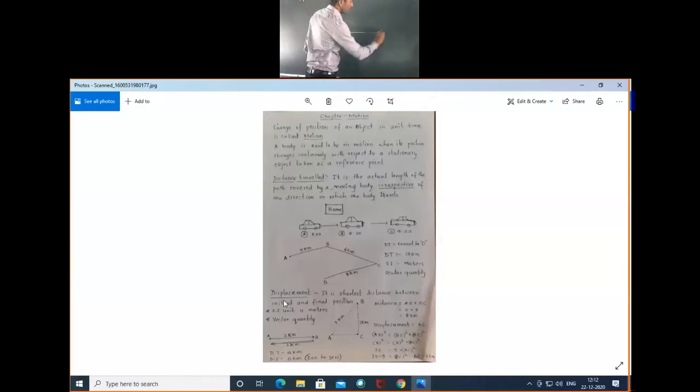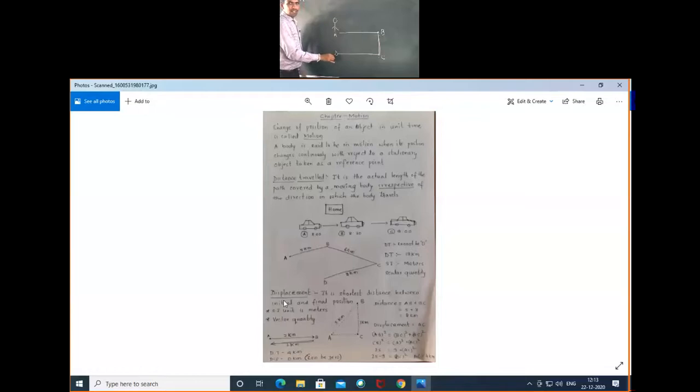Then from B he is traveling to C, from C to D. See here. So this is the distance traveled. A to B he is moving, and B to C and C to D he is moving.